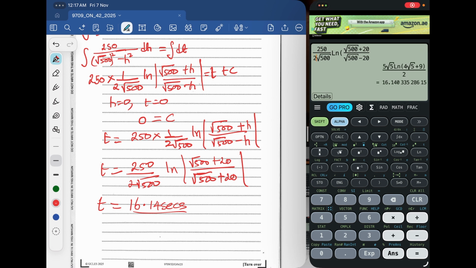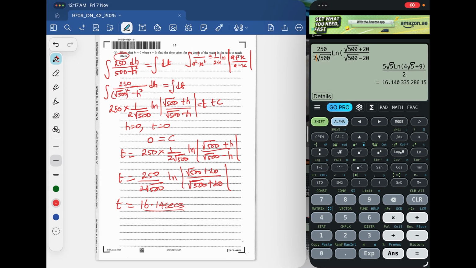Yes, 16.14 seconds. So that is my answer to that question. I hope it makes sense. Just the technique you need to use. Integration is a very tricky question, and hopefully you get it.